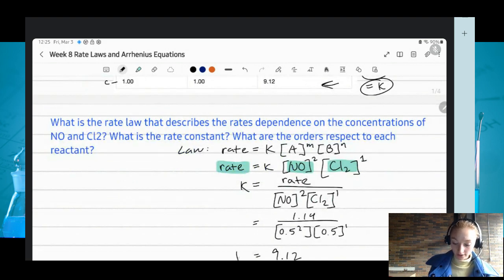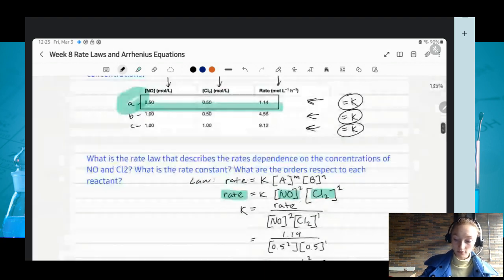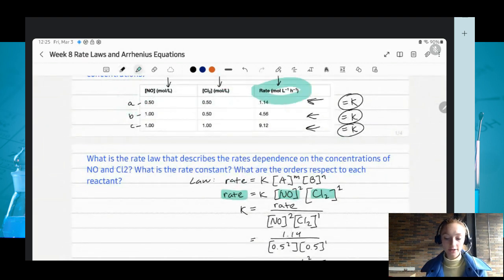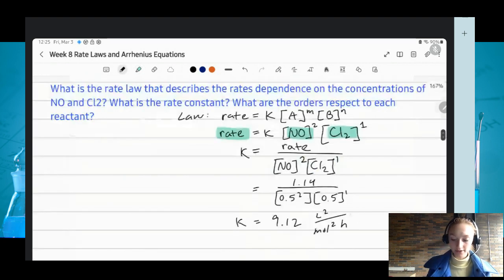And for the units specifically, it's always going to be liters squared divided by moles squared, and then whatever time unit it's in. Since it gave the rate right over here in moles per liter per hour, the time unit is going to be hours. So the units of the K constant will be in hours here.